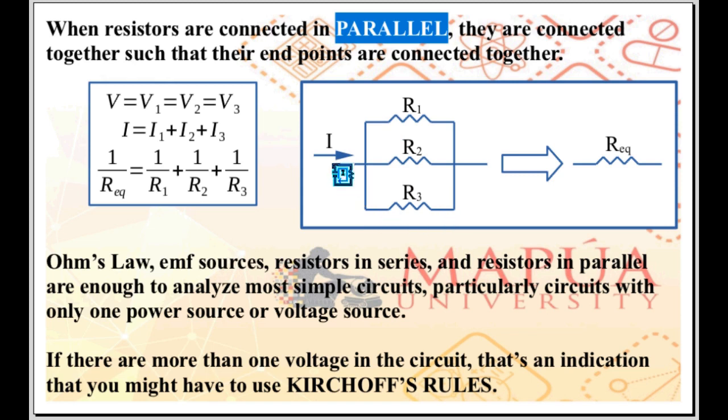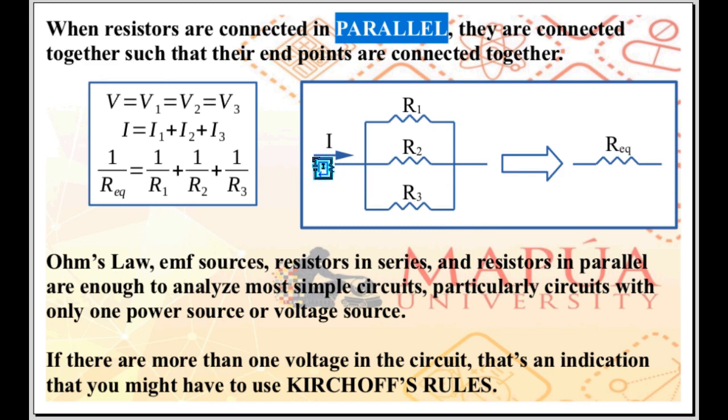If, say, this is point A and this is point B, you have three alternative pathways from A to B. The resistors are connected in parallel.